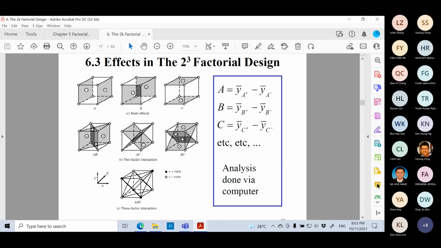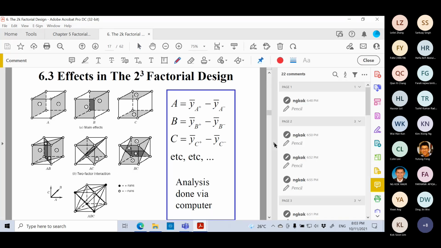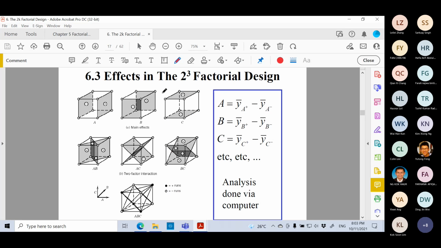Under the 3-factor design, we can use a graphical way to show it, where we list out the box, the square, in a 3-dimensional way. If we study factor A, at the high level and at the low level, we want to know the effect of the change from the low level to the high level.